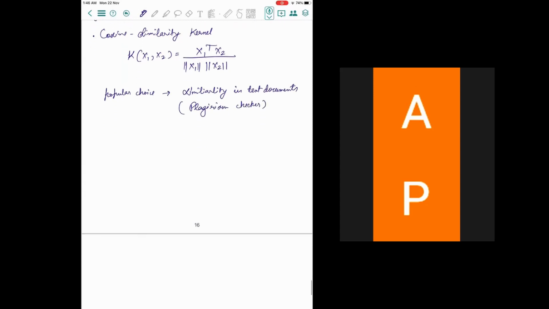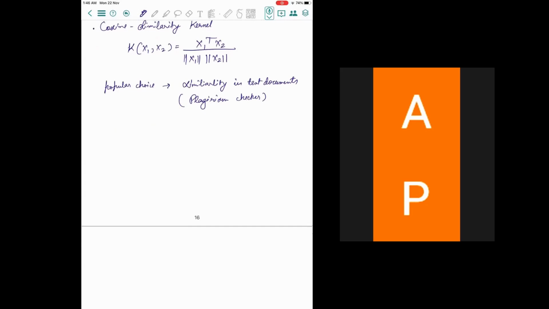The L2 norm projects the vectors onto a unit sphere and the dot product is the cosine angle between the vectors.